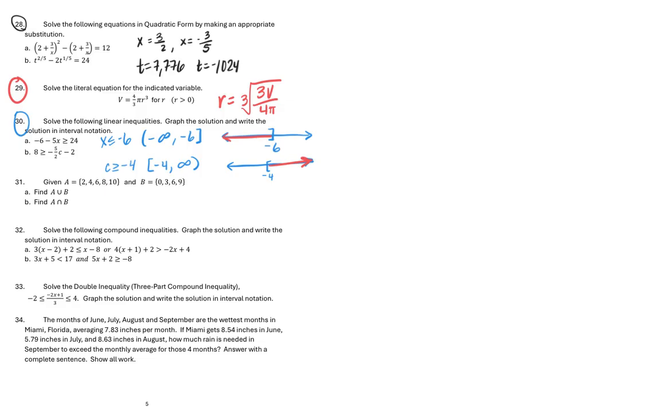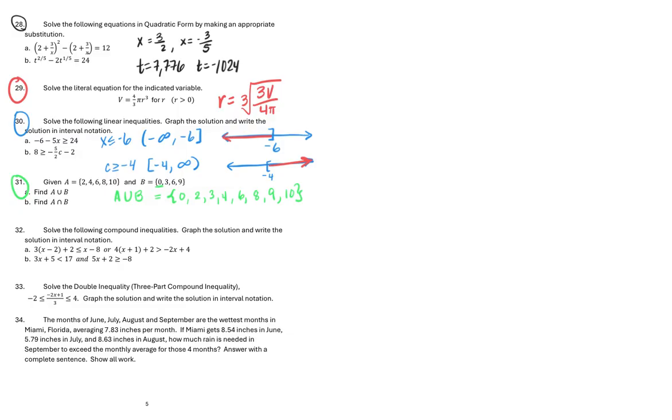Okay, let's look at 31. With 31, we're going to be doing intersection and union. The first one is asking for A union B. A union B is the concept that you're adding both together, like anything in one is also with the other when you union these. So A union B would be adding all these terms into one thing. So we'll have 0, 2, 3, 4, 6, 8, 9, and 10.